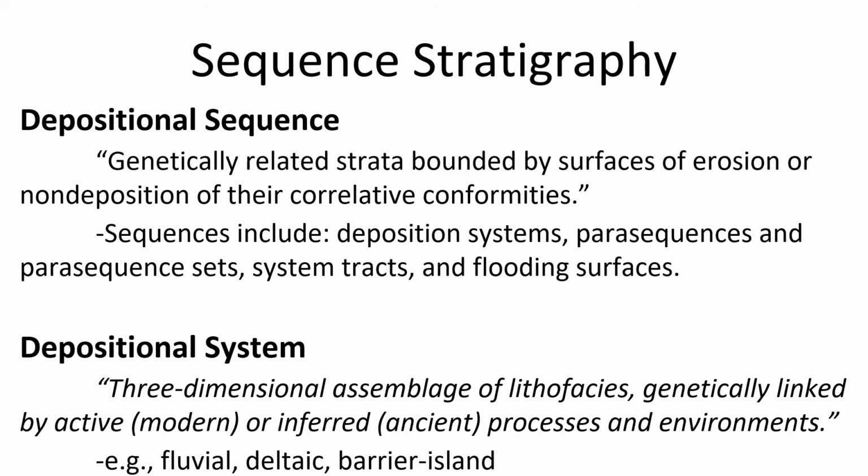Deltaic environments have a wide variety of sub-environments. So these are depositional systems. A fluvial system, a deltaic system. So three-dimensional assemblage of all of the rock facies that are linked to these processes and environments. That's what makes up a depositional sequence, are these systems. We're looking at the evolution of systems over time and space.